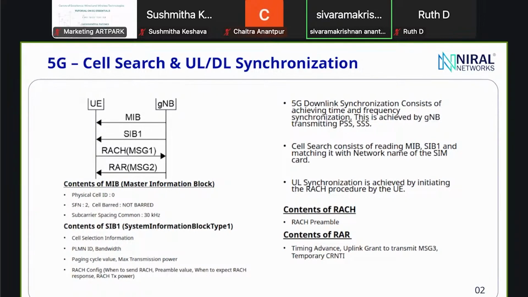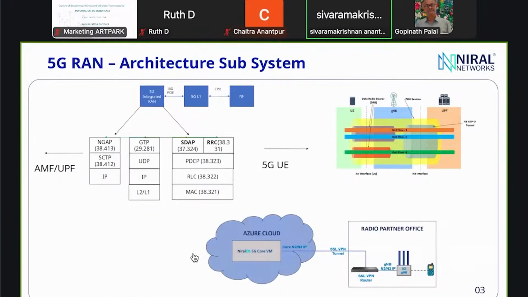After this, when the uplink synchronization is successful, is when a UE can initiate what we call a UE attach from the UE to the RAN. So this is one important procedure of, I would say, the basic communication between the UE and the radio unit. So let's move forward here.